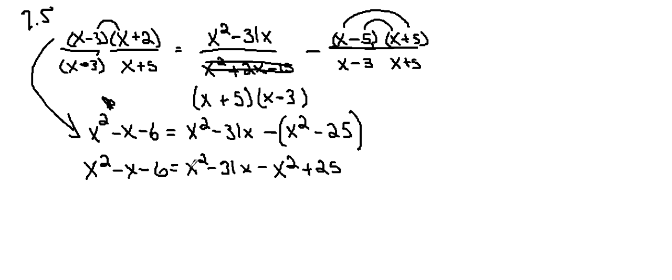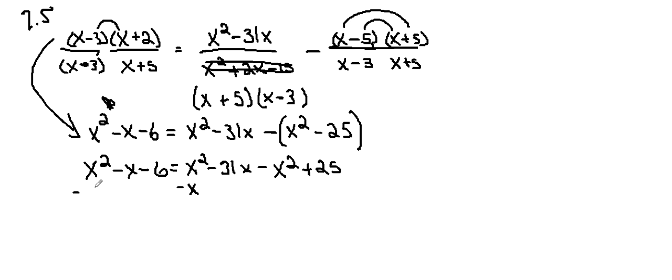Now I got a quadratic equation here, so I want to get everything over to one side or the other, and that way I'm going to have a quadratic equation, so I got to get it equal to 0. Alright, so let's bring the right side over to the left side. I'm going to subtract x squared from both sides.